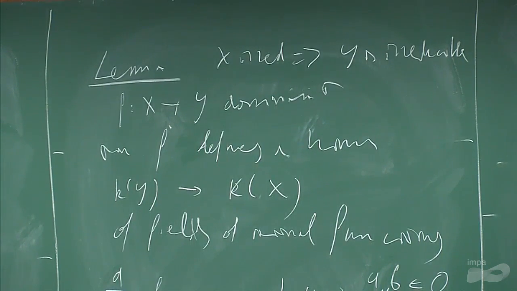So if you have f a morphism of affine varieties, then f star of a Zariski closed set is Zariski closed.